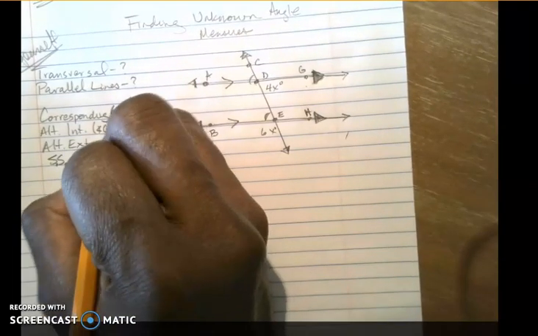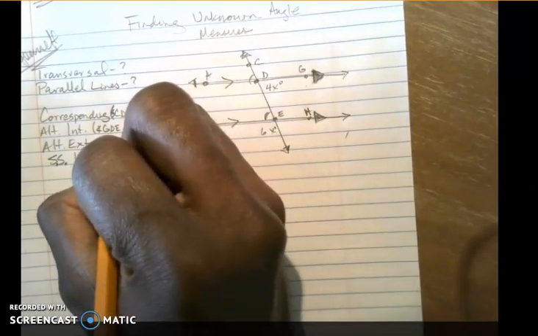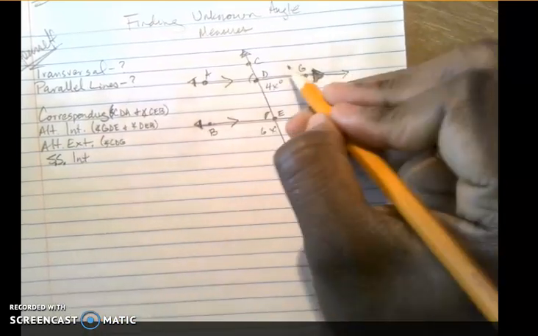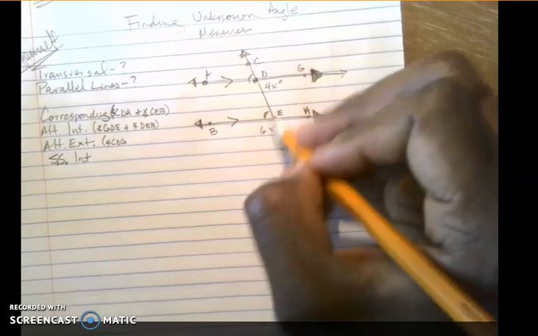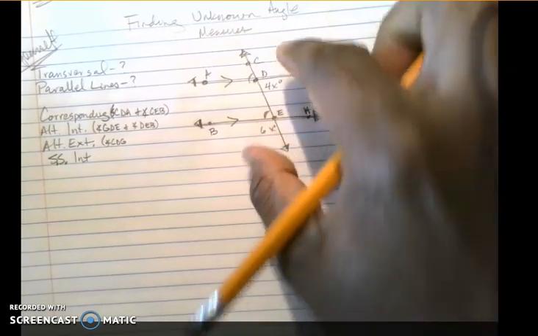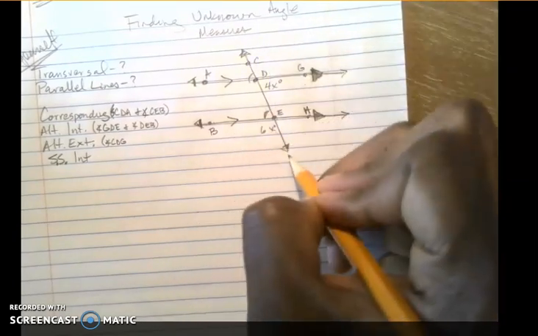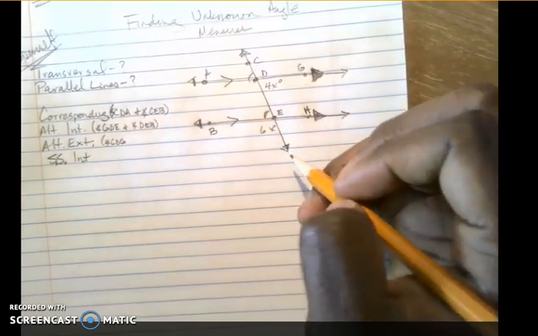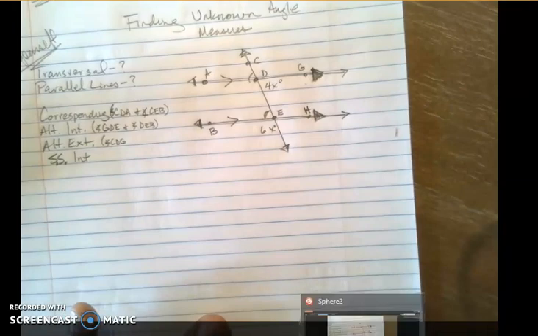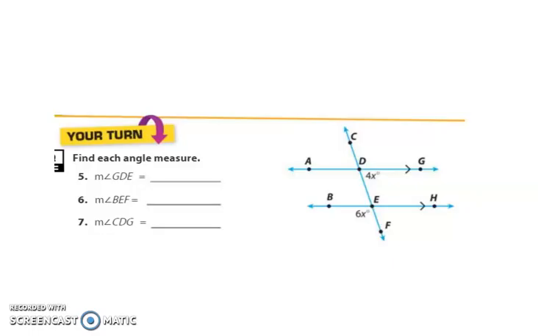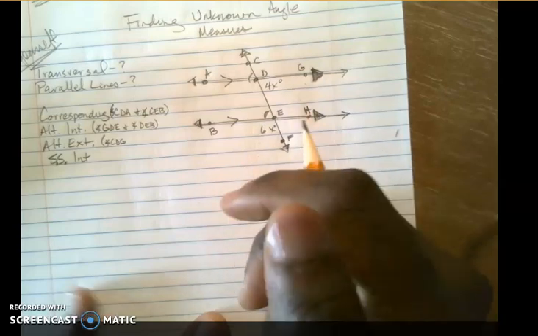So let's talk about some alternate exterior. I'll say angle CDG, that's CDG. This is the exterior. This is also the exterior. Alternate sides, we'll say angle. I think that I've left off one of my points. Okay, so let's switch back over. I did, in fact, leave off one of my points. I left off F. Okay, switching back. Sorry about that.